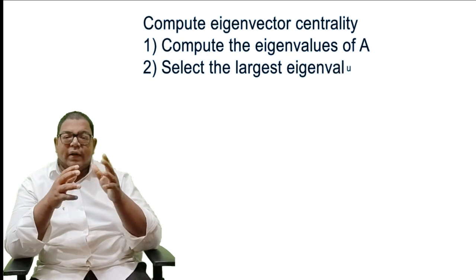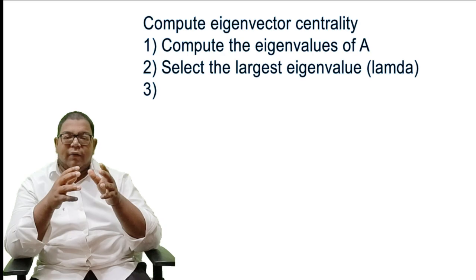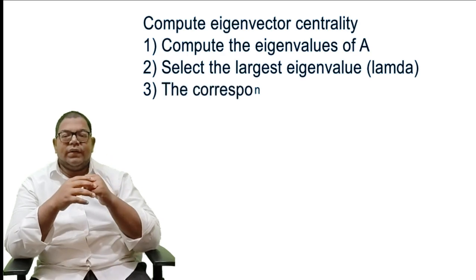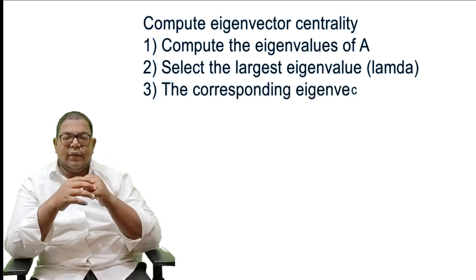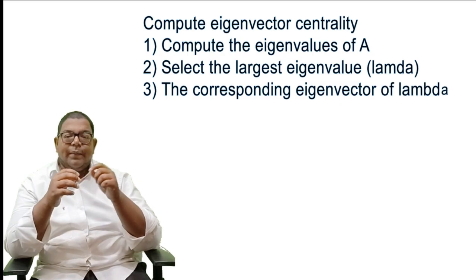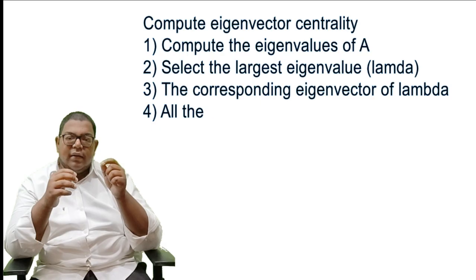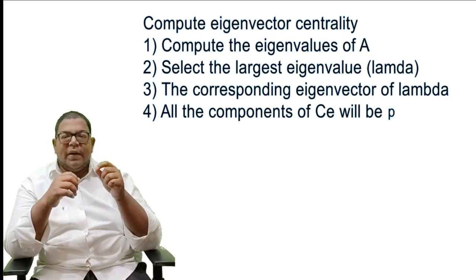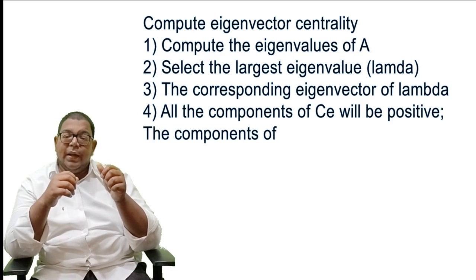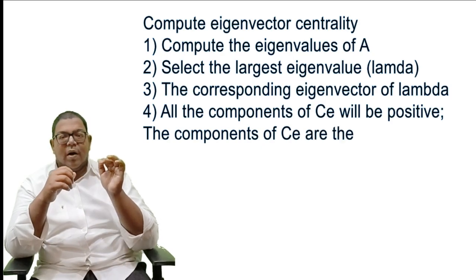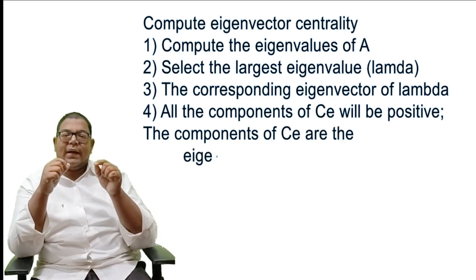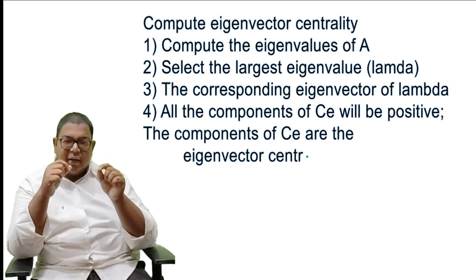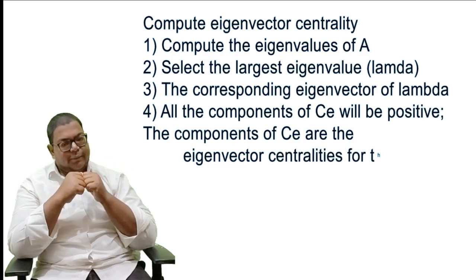Then we find the corresponding eigenvector of lambda, which we store in Ce. Based on the Perron-Frobenius theorem, all components of Ce will be positive. These components of Ce will be the eigenvector centralities for the graph.